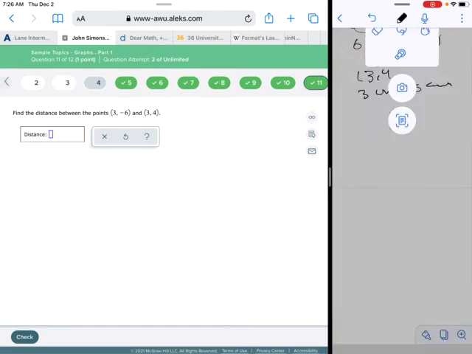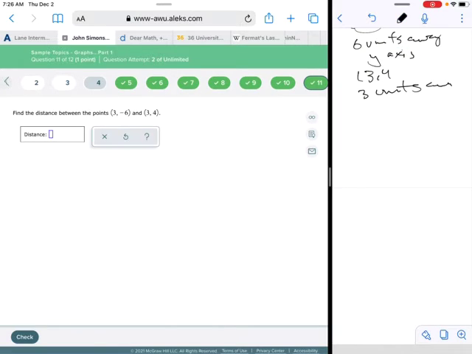So we've got (3, -6) and (3, 4). If I were going to plot this, (3, -6) would put me somewhere down here, and (3, 4) would put me somewhere up here, right? And I'd have a line going this way. It's a straight up and down line, a vertical line. It goes through the point x equals 3, which is nice. So this point is (3, 4), which means that it's 4 units away.